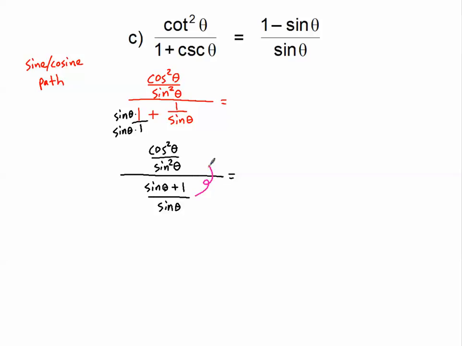When I've got a division of fractions, I multiply by the reciprocal. So cosine squared divided by sine squared, the numerator's fraction is now going to be multiplied by the reciprocal of this denominator. So the sine is now in the numerator, and the sine plus 1 is in the denominator.